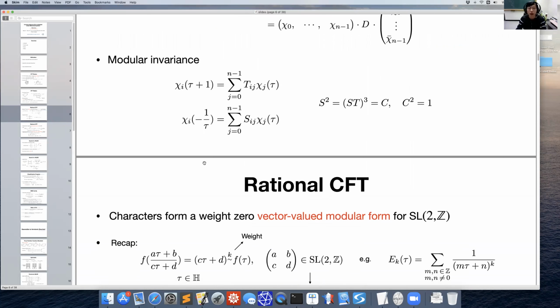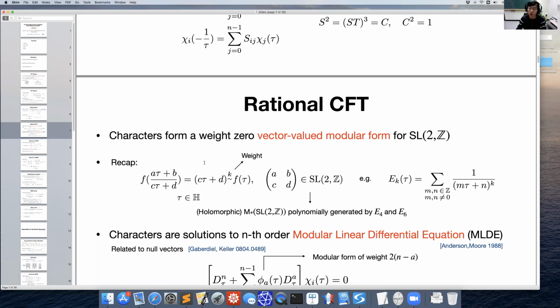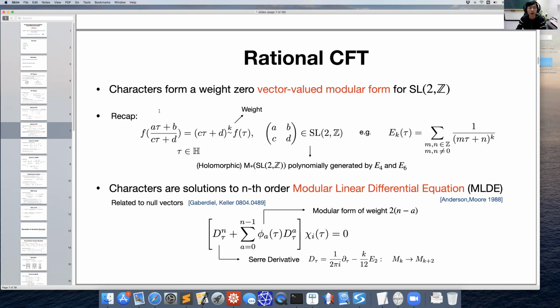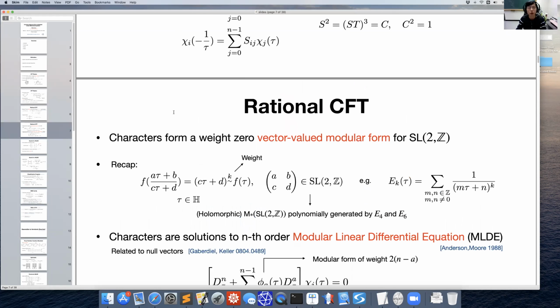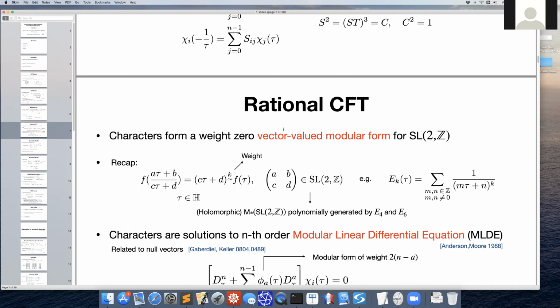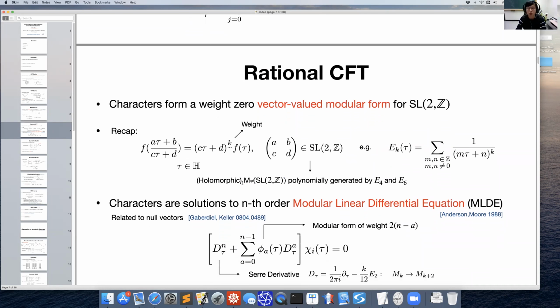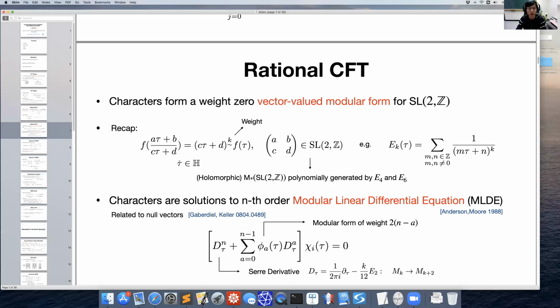Okay, and now comes the important part of this talk, which is the observation that characters from this equation form a weight zero vector-valued modular form for SL(2,Z). Maybe you're not familiar with the notion of modular form, so let me just give you a quick recap.